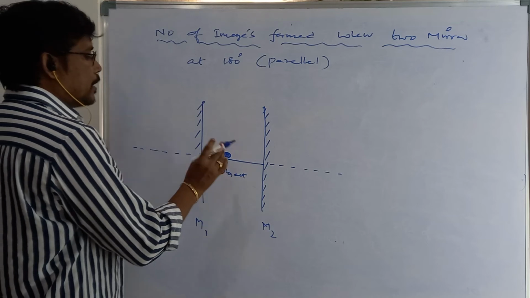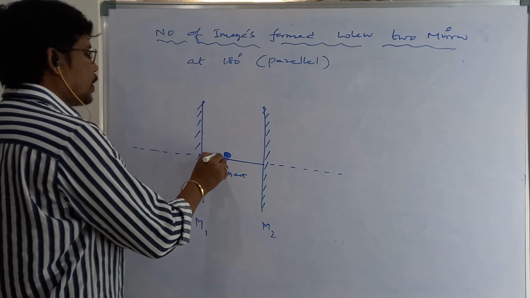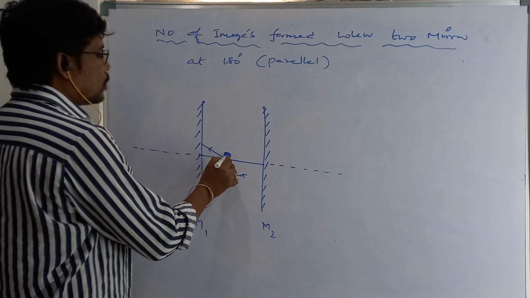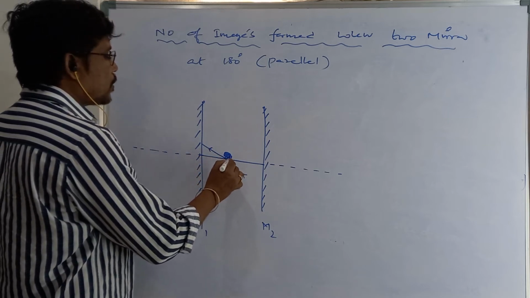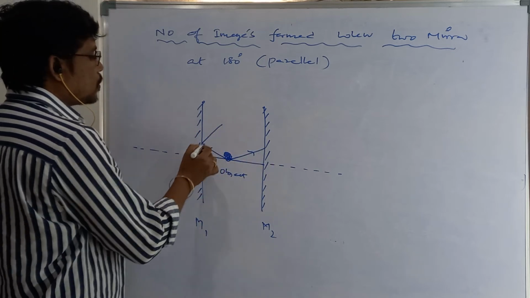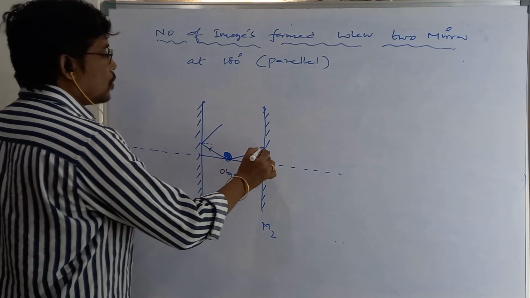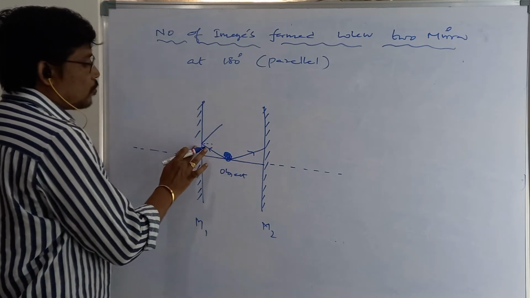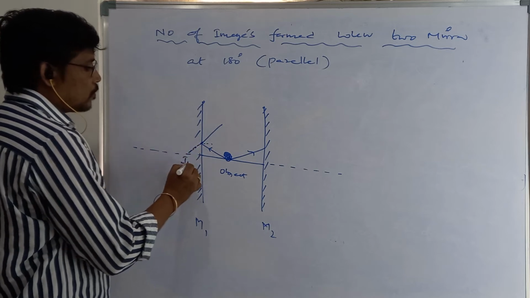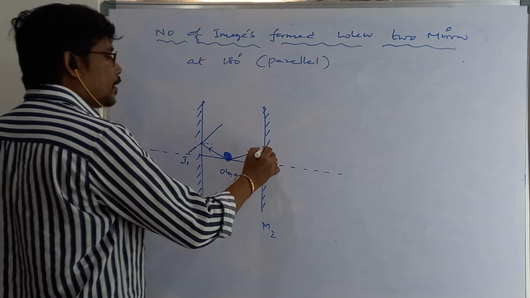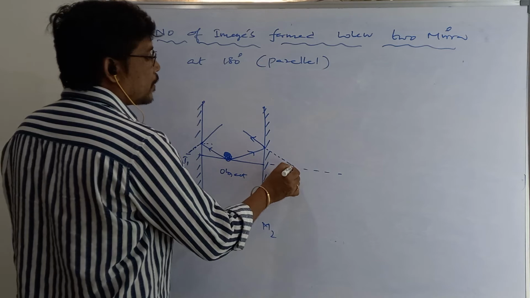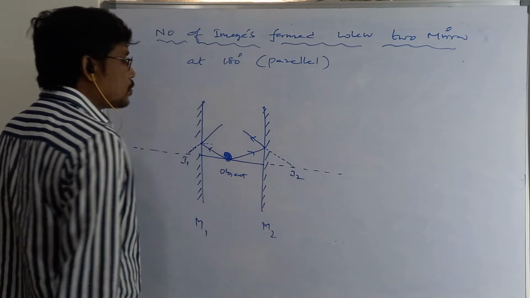Now as usual, when the light from this object is incident on this mirror in this direction, it may also be incident in this direction. Now it will be reflected from this surface. This is the normal, of course. If you extend this reflected ray, you get the first image. Similarly, here also it is reflected. If you extend this reflected ray, you get the second image.